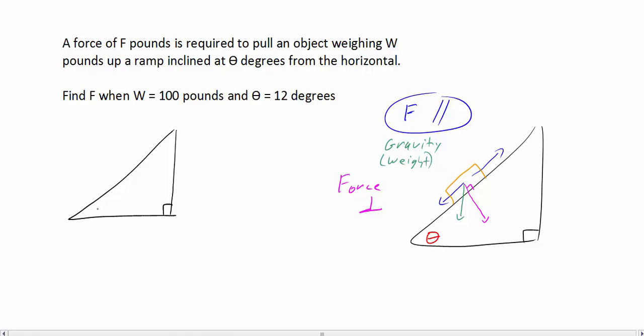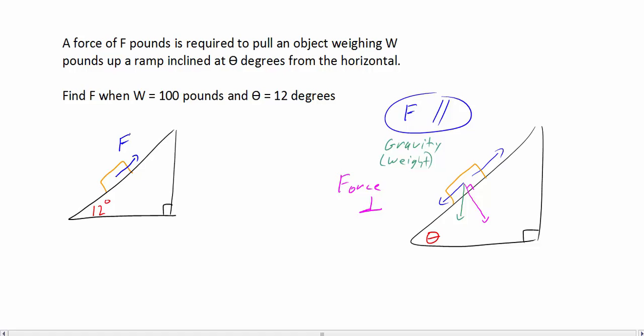So here's our ramp. We have our angle theta, which is 12 degrees. Okay, here's the object, and now we know there's a force here pulling down, and our question is looking at a force that's going to be pulling up, so I want to look at this force that we need here. So this is force F that we're looking for.